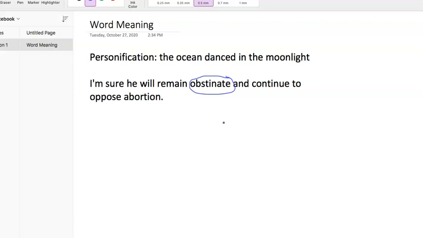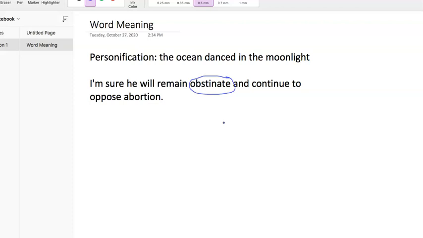And then the other one would be someone who, in the opposite sense, is maybe morally obliged to continue to oppose abortion, like it's the right mindset. And as you think of that, I'm sure he will remain stubborn and continue to oppose abortion. It doesn't mean that you agree with it or not.